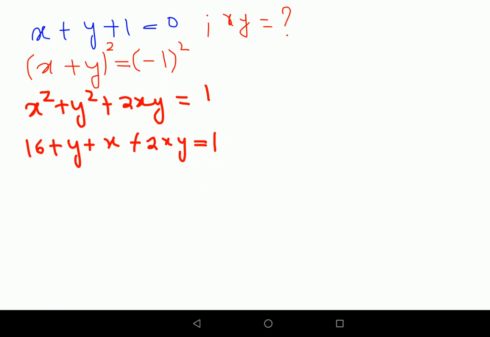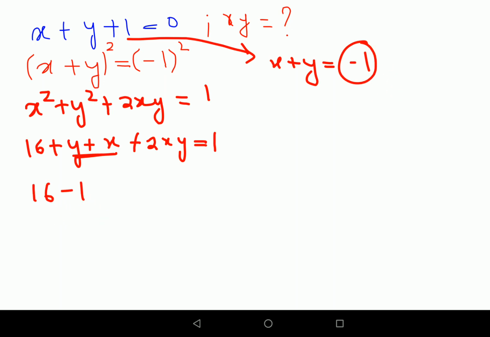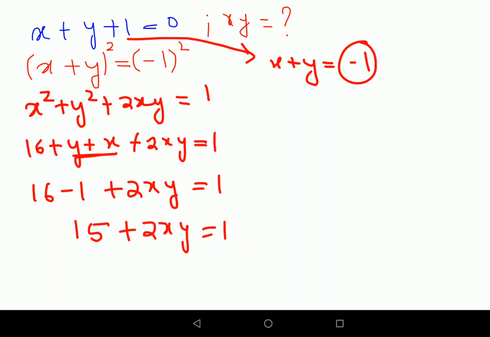Now if you look closely from here, I could also say that x plus y equals minus 1, right? So here instead of y plus x, or that x plus y, we can put this value of minus 1. So I'll have 16 minus 1 plus 2xy equals 1. So 16 minus 1 gets you 15 plus 2xy equals 1.